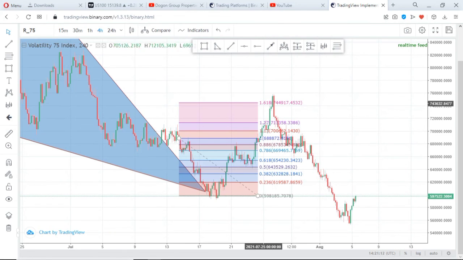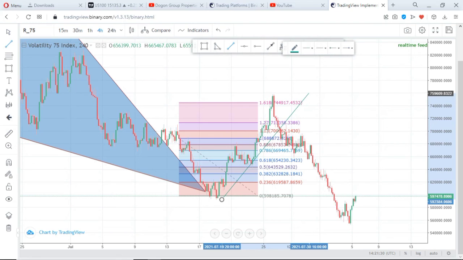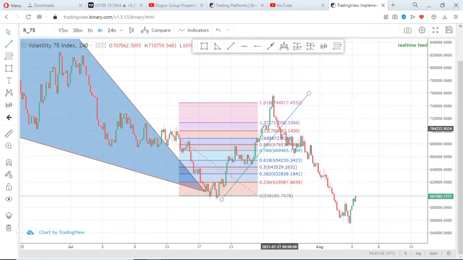As I said before, this is our crab. As soon as it got to 1.618, it gave us what we call a reversal. You're going to see there's a bigger bearish engulfing candle there, which gave us our entry. And you take your trend line, put it there as your confluence. As soon as it broke that trend line, that's your entry, guys.